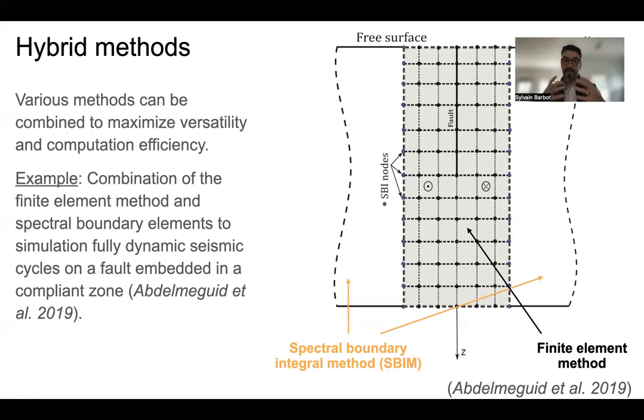So the finite element method allows all sorts of complicated interactions within the fault zone to be completely captured numerically. But once the waves radiate outwards away from the fault and stop contributing to the stress change on the fault, they are dealt with by the spectral boundary integral method that radiates them away from the fault.